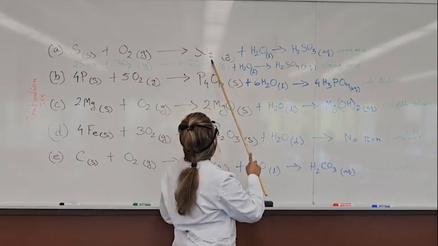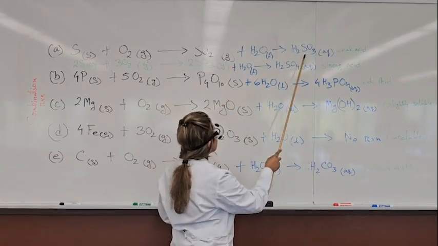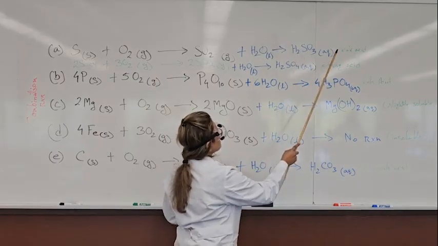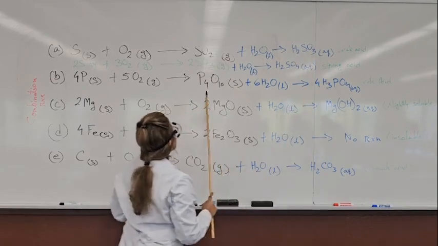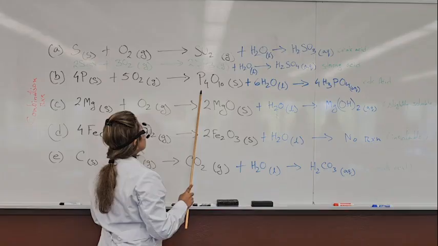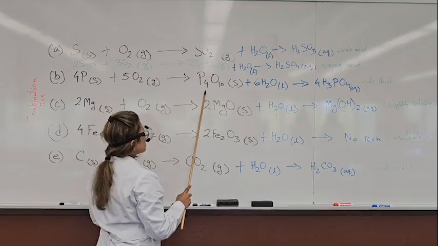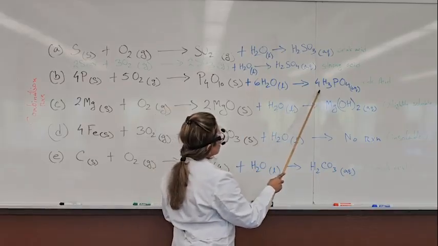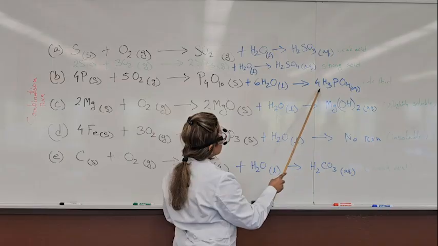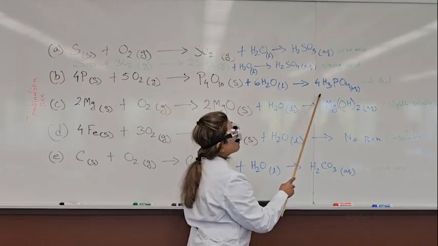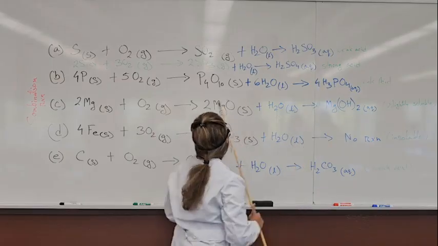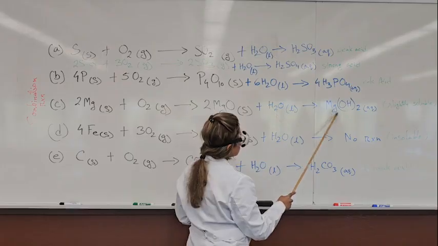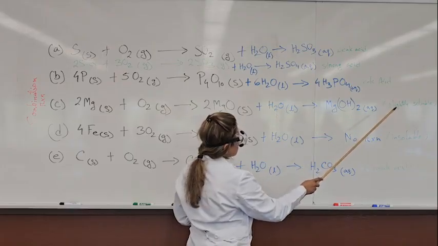Sulfur dioxide can produce sulfurous acid, which is a weak acid. Tetraphosphorus decaoxide reacts with the water and produces the weak acid, phosphoric acid. Magnesium oxide reacts with the water to make magnesium hydroxide, which is slightly soluble.